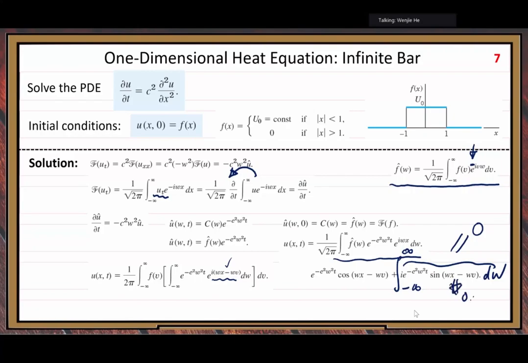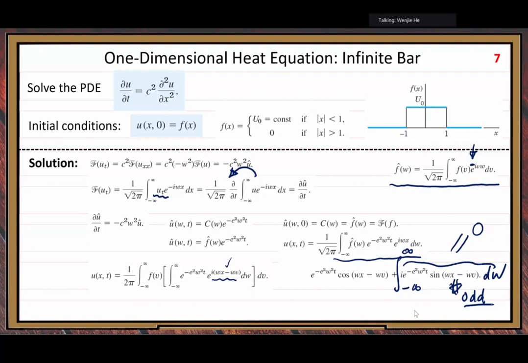Sine is an odd function. This E function, because you have w squared, is even. An even function times an odd function is also an odd function. If you take the integral of an odd function on the whole real axis, it must be 0. On a symmetric interval, the positive half and negative half cancel out. So it's 0.